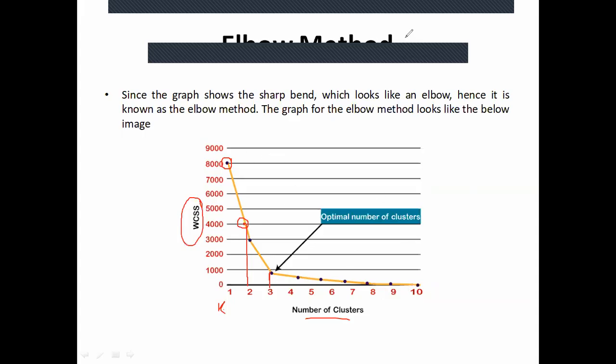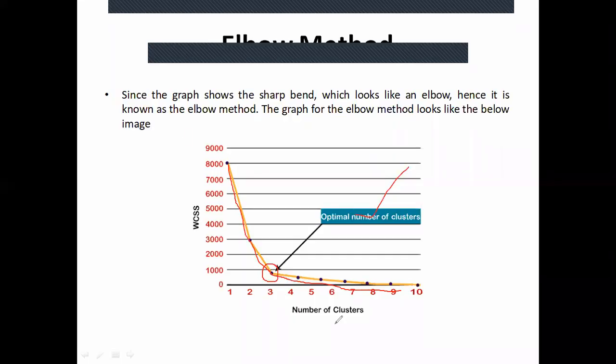Now, what is the optimal number of clusters? You have to find where in this graph you get the sharp bend. The sharp bend is over here. Here the value of WCSS is decreasing, but here it drops to a very low value. So you can see this is a sharp bend, and this is your optimal number of clusters.